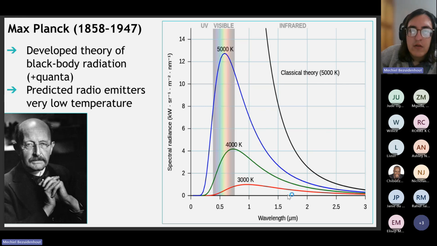So that just explained why they couldn't see any radio emission from the sun, from the planets. And for a long time after that, probably the first 3 decades of the 20th century, people just gave up on looking for radio waves in the sky.